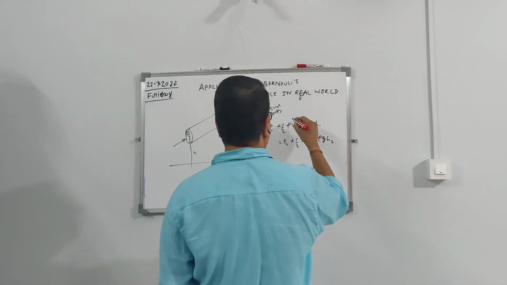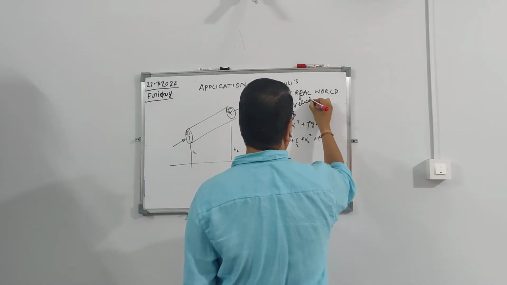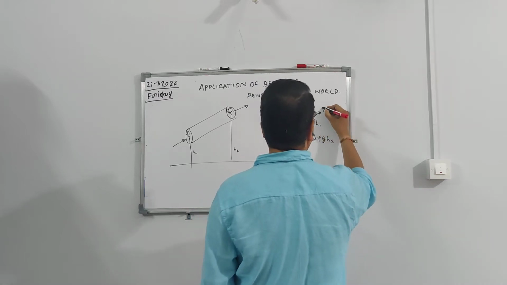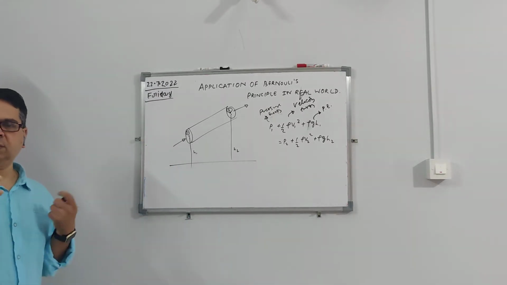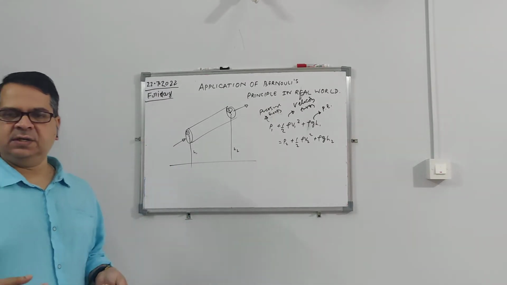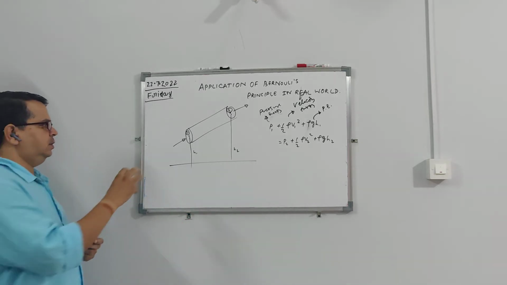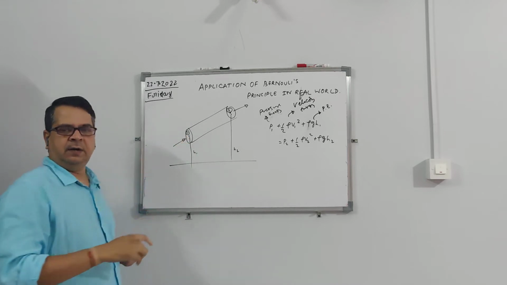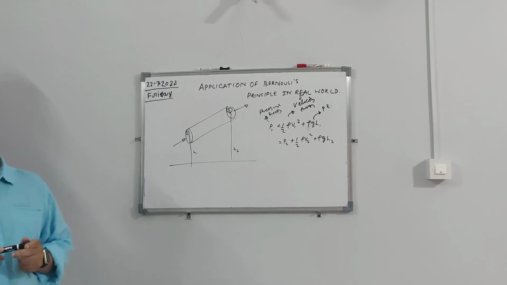So this is pressure energy, this is your velocity energy, and this is your potential energy. These are the three energies. Total energy consists of pressure energy, velocity energy, and potential energy. If you add these three things at this point, it will remain constant. So this is conservation of energy.